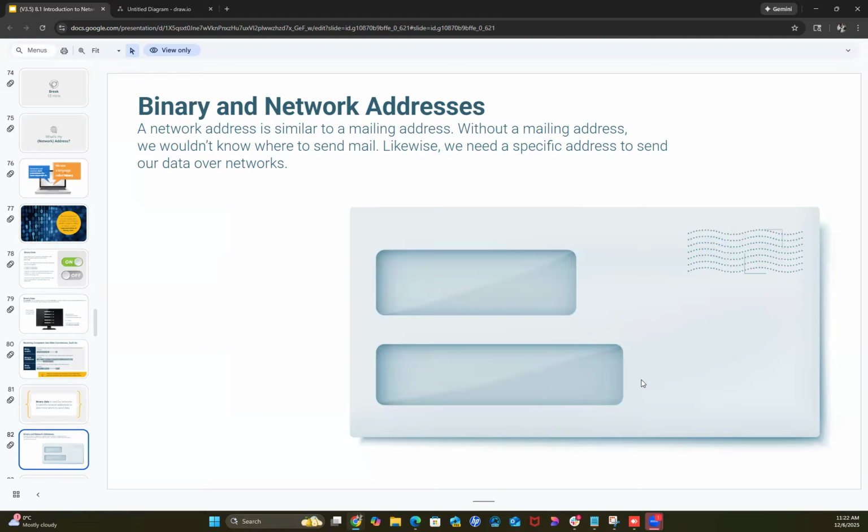Likewise, we need a specific address to send our data over networks. The network address is known as an IP. My address is Poughkeepsie, New York 12601. The network address is the same thing, an address. This is called an IP address.